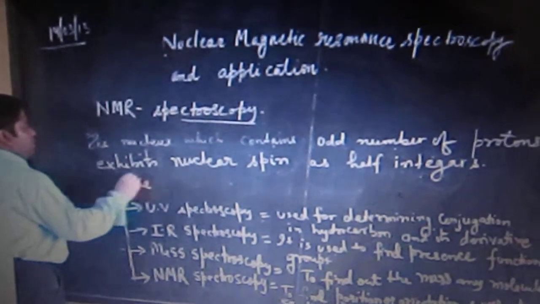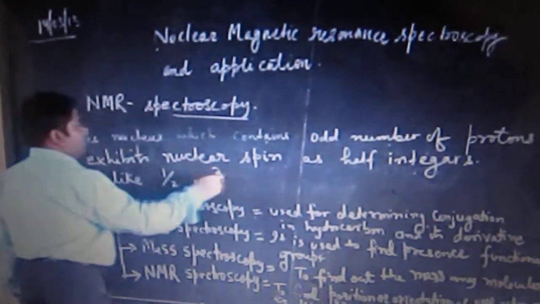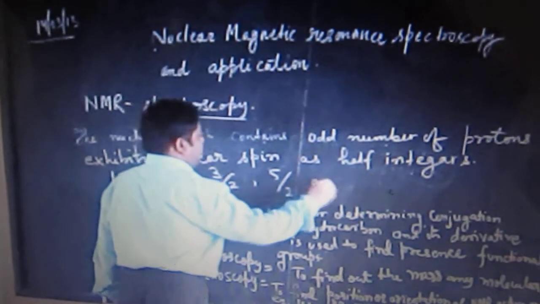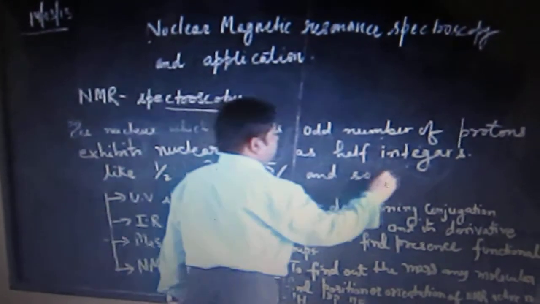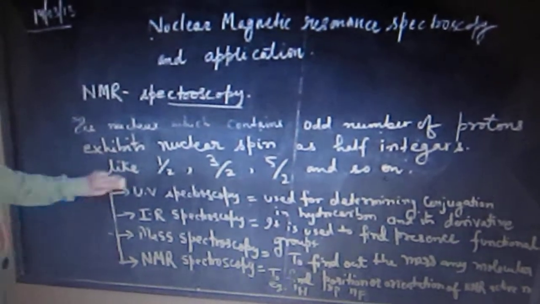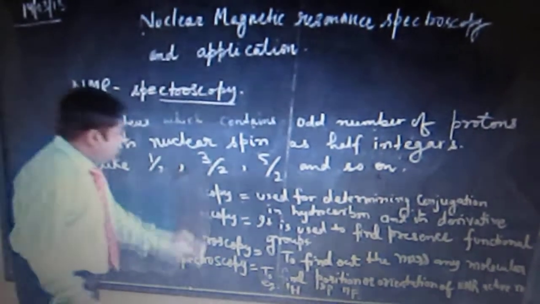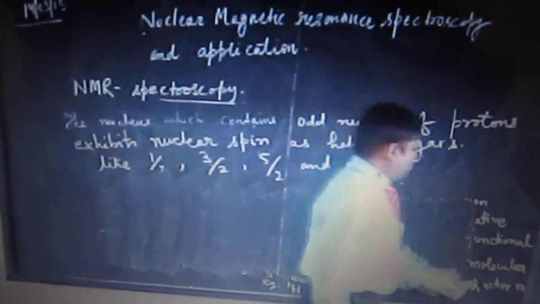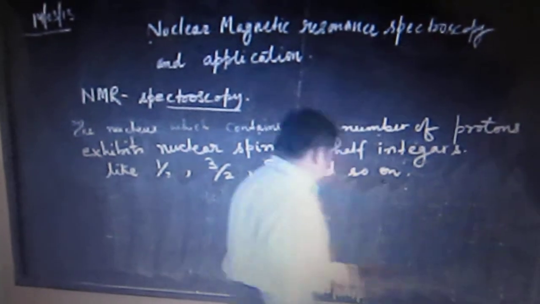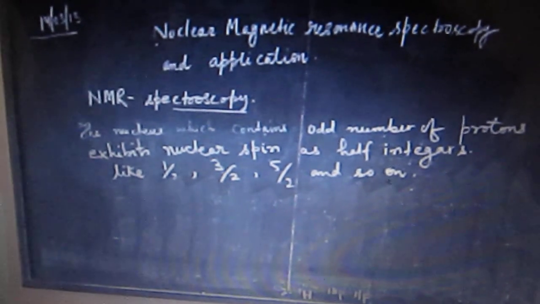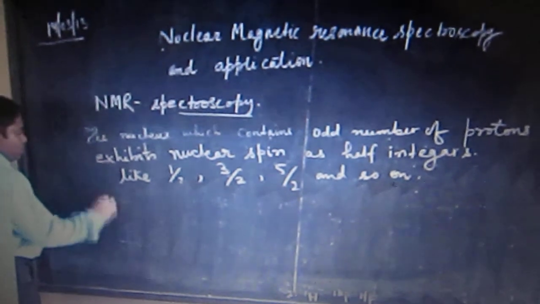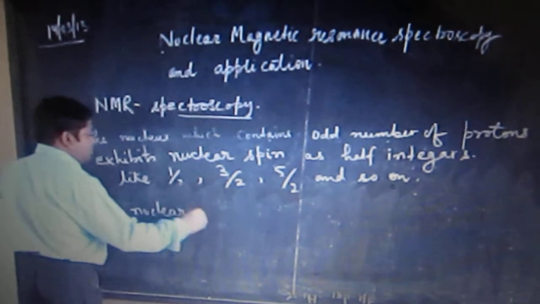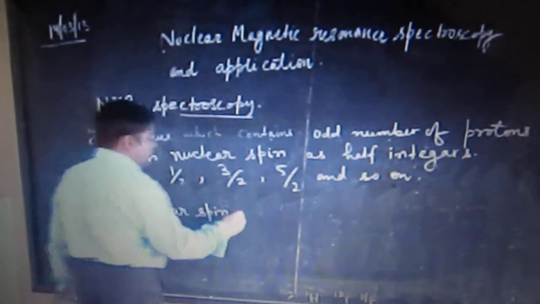We will exploit this property to find out the position of NMR active nuclei, say proton, carbon C13, etc. If any nucleus contains an odd number of protons, then it will show a nuclear spin as a half integer, like 1/2, 3/2, 5/2, and so on, just like the spin quantum number of the electron, plus half and minus half.